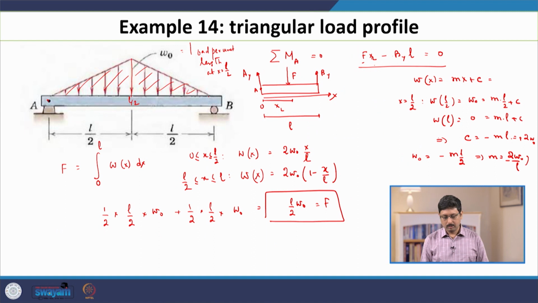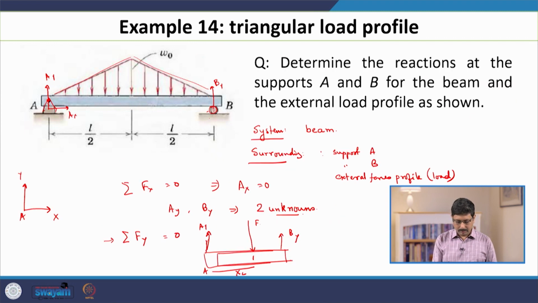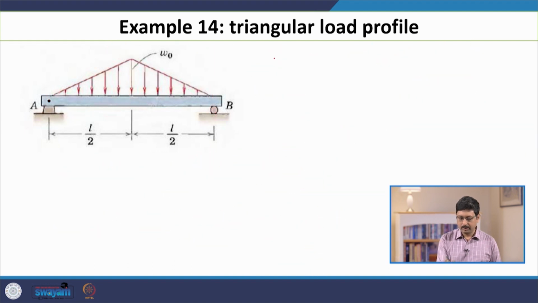So now we can determine the unknown forces A y and B y, because we have calculated F and X L. What we have is 2 equations. Let me write down the first equation again.